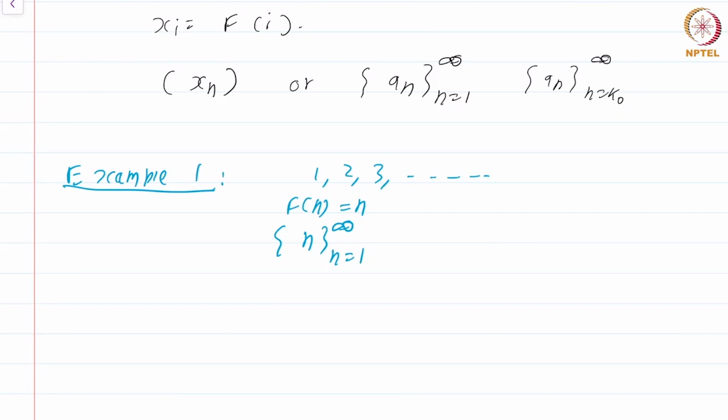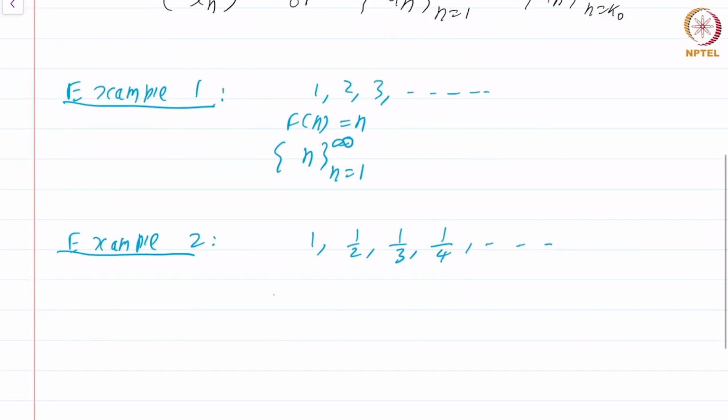So let me give another example which is more relevant. Consider the sequence 1, half, 1 by 3, 1 by 4 and so on. This is just the sequence xn equal to 1 by n. Sometimes we shall be even more loose and just say the sequence 1 by n.